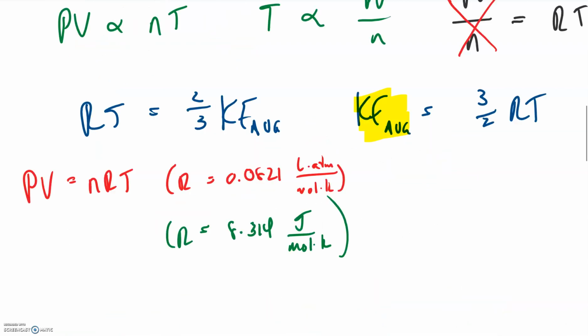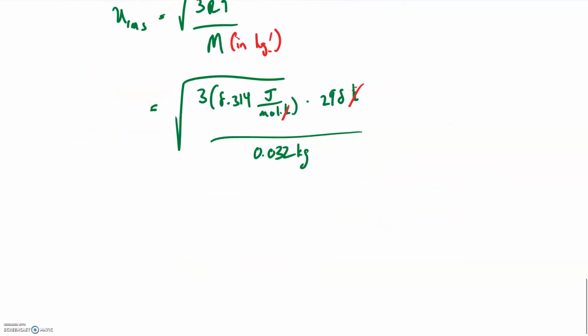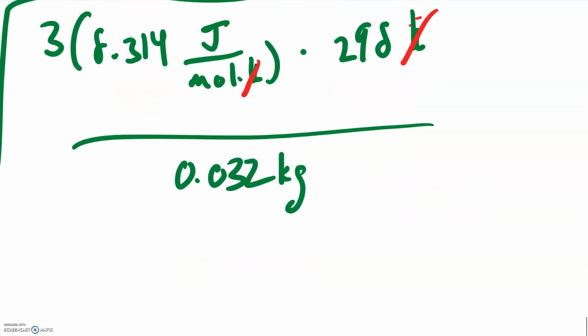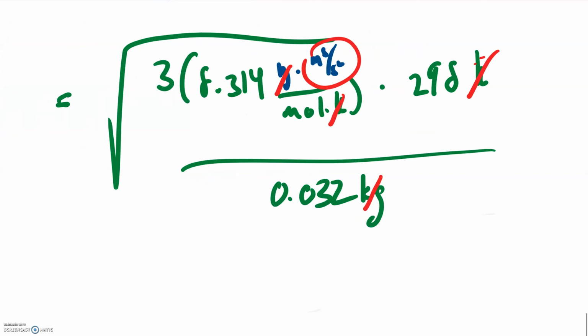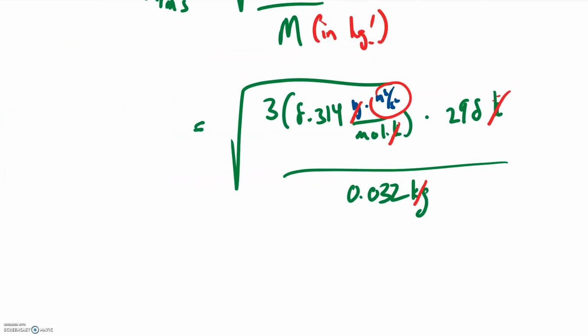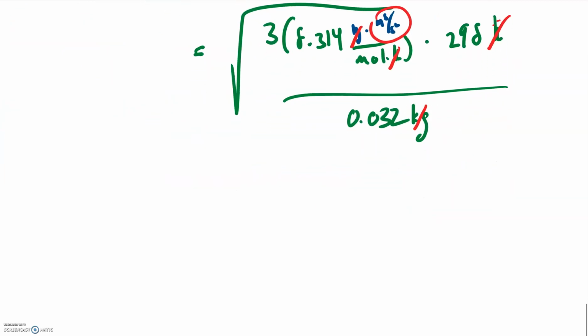So let's take that and plug that in wherever we see a joule. We'll replace that with a kilogram times a meter squared over second squared. And now kilograms cancel. That leaves our unit in meters squared over second squared, and we're going to take the square root of that. And so, let's bust out our calculator.